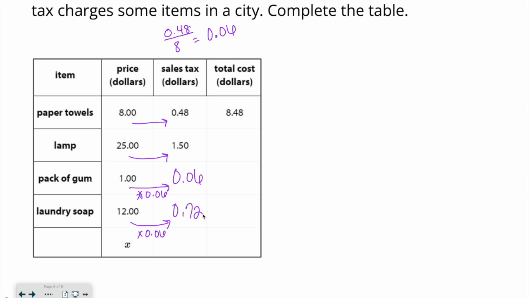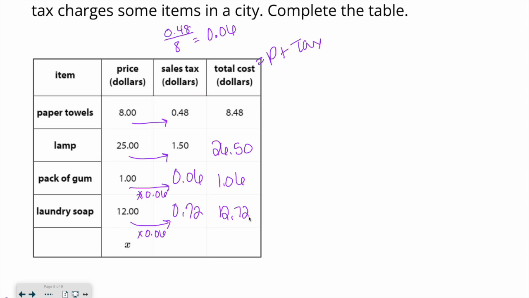Now to find the total, well, the total is just the price plus the tax. That gives us $26.50 total for the lamp, $1.06 total for the pack of gum, and $12.72 total for the laundry soap.